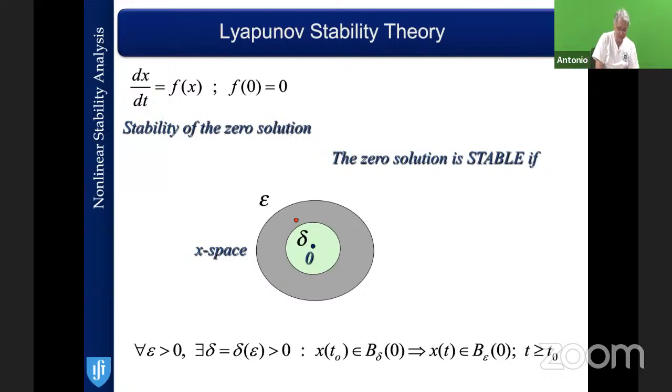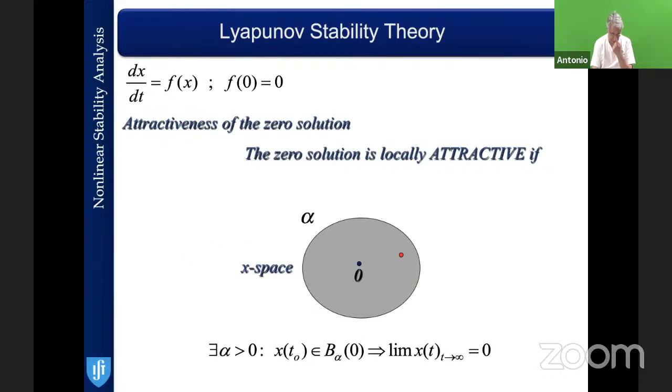You may be a bit disappointed because you may say, well, it doesn't tell me that the trajectories go to the equilibrium point. But that's the first step. So that's stability. Okay. There's another concept that was introduced by Lyapunov, which has to do with attractiveness. And forget about the word locally, it's not very important at this point.